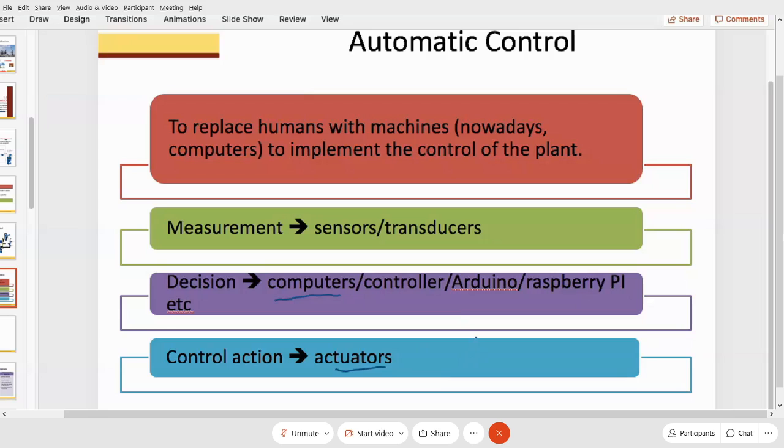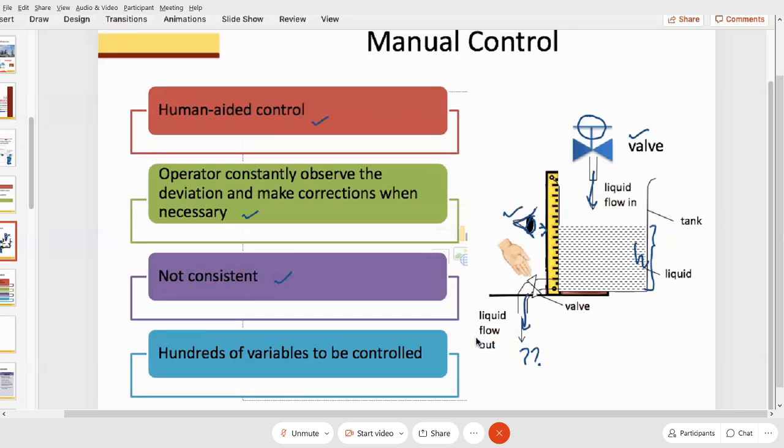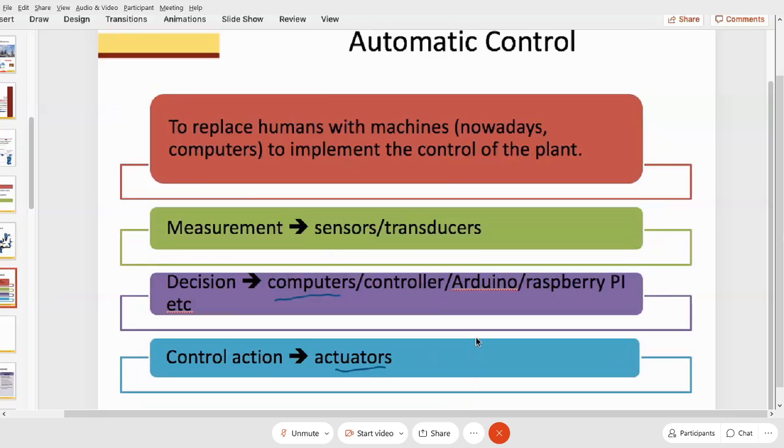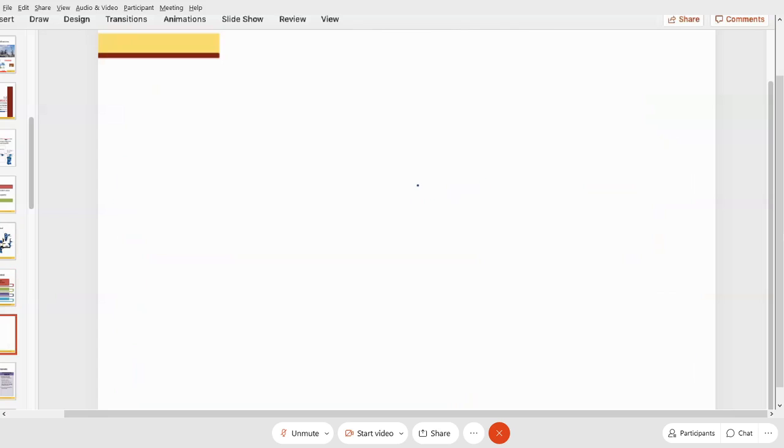Okay, so in this case, if you have the liquid level system, that is a manual system, we can design it to be an automatic system. So you can design yourself, something like this is your tank. You have the water flow out here. So maybe you have this valve, water flow in.